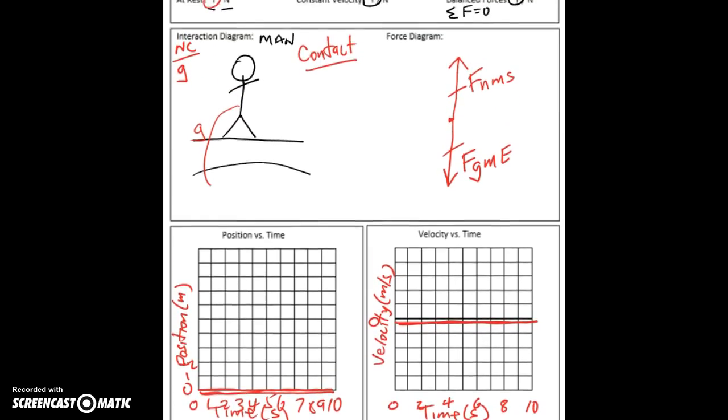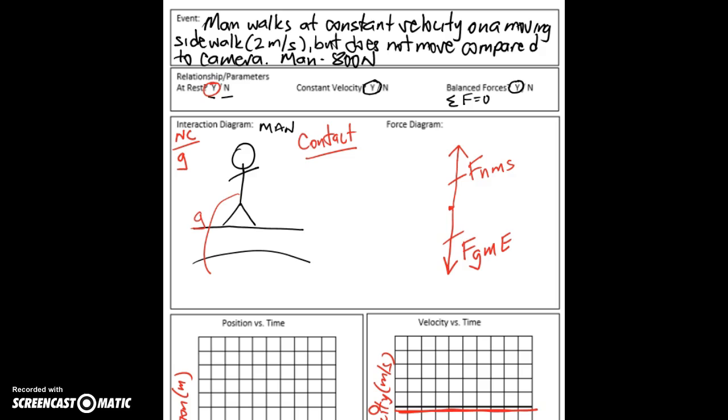Hey, when you're done with this, go ahead and take a picture of the hard copy you have, submit this through Schoology, then watch my solution to it. If you make any changes, go ahead and make those changes and resubmit to Schoology. This marked up one, go ahead and turn in class.